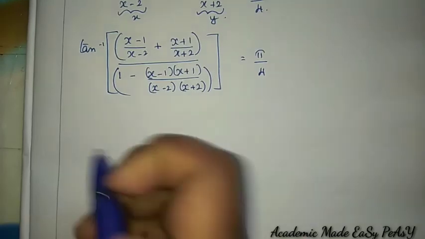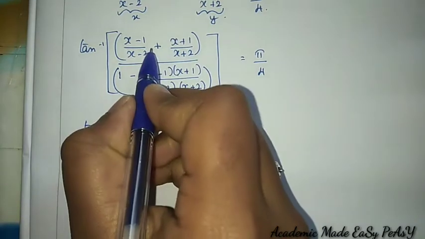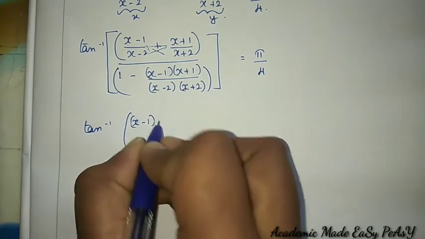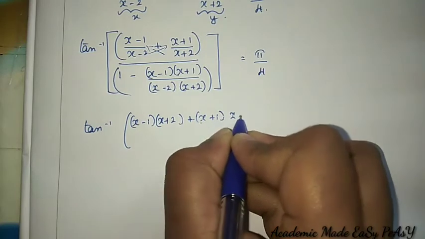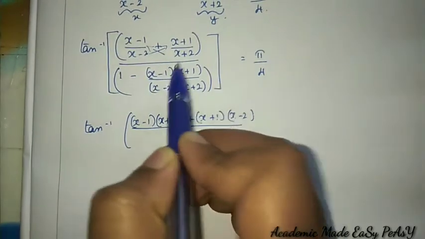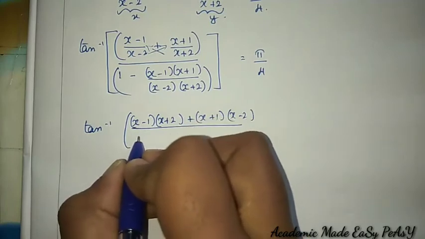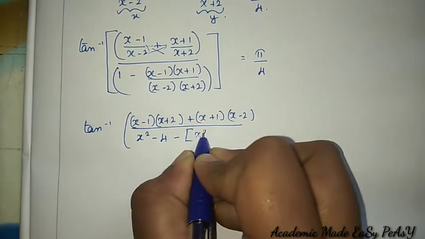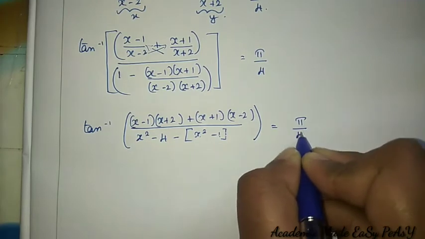In the next step I will have tan inverse of, here I have to cross multiply in order to take the LCM. So (x minus 1) into (x plus 2) plus (x plus 1) into (x minus 2), divided by, since my denominators will be the same, I'm just skipping that step, x square minus 4 minus x square minus 1, is equal to pi by 4.